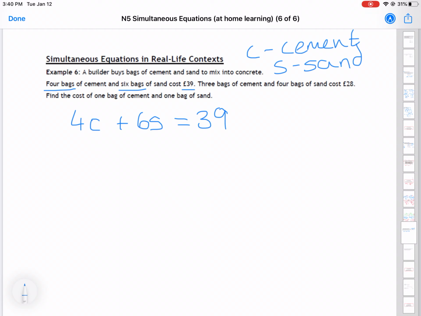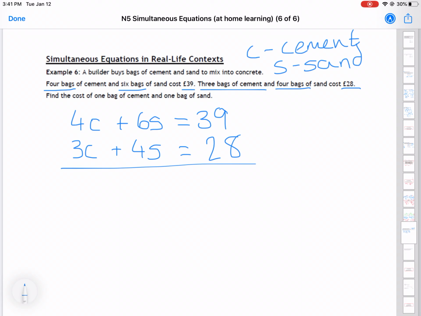You will notice I've not put the pound sign in. Please do not do that. They will take marks off you in an assessment for doing that, unfortunately. Next equation, I'm going to write underneath: 3 bags of cement, 3 C's, and 4 bags of sand, plus 4 S's, equals £28. So equals 28.